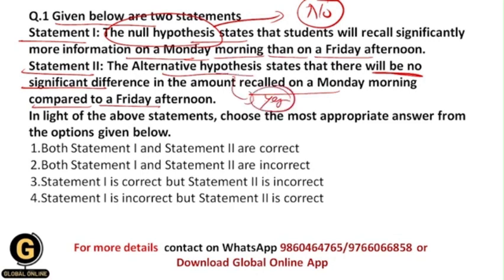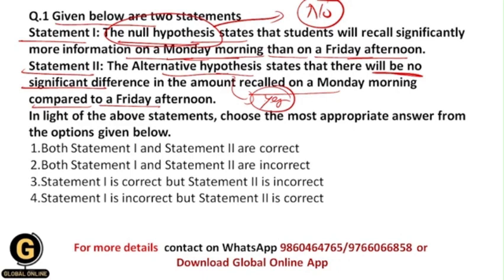But if we read both of these statements, within the null hypothesis part they have mentioned that there is a significant relationship between the information on a Monday morning and on a Friday afternoon. So there is a difference between the information grabbed by the student on a Monday morning and the information grabbed by a student on a Friday afternoon.